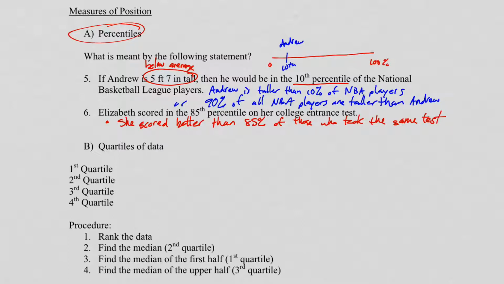And again, you can focus on the other side of that, which is, how many did better than Elizabeth? Well, only 15% scored better.